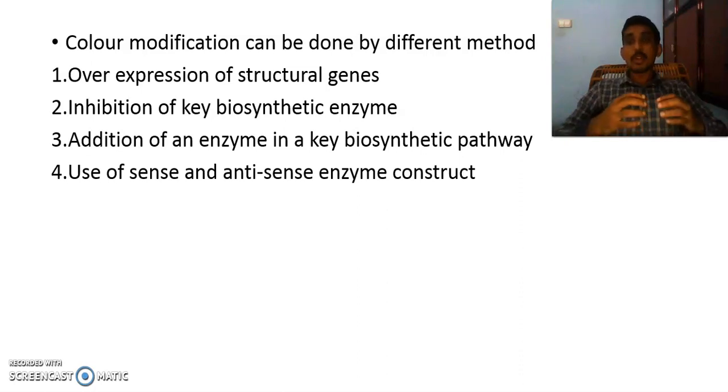We can express a particular gene which is already present in a plant in more amount. How can it be possible? We can insert a particular copy of a gene which is already present in the plant.